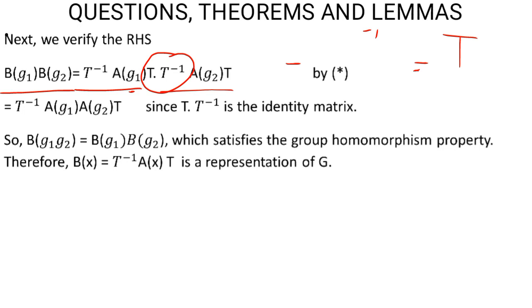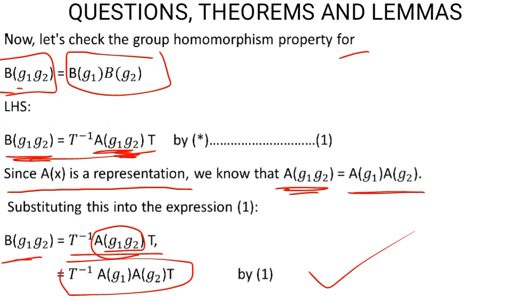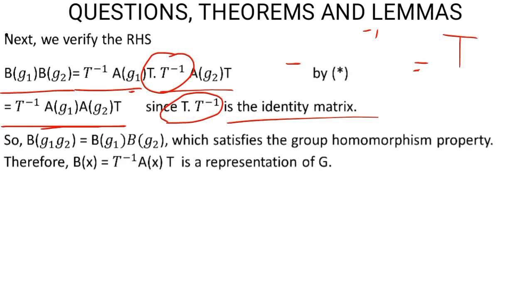Well, it will, because this is just T times T inverse, which is the identity matrix I. So we get T inverse AG1 AG2, which is exactly what we got previously. See, they're the same thing. So we're through with the right-hand side. And so BG1G2 is the same as BG1 BG2, which satisfies the group homomorphism property.